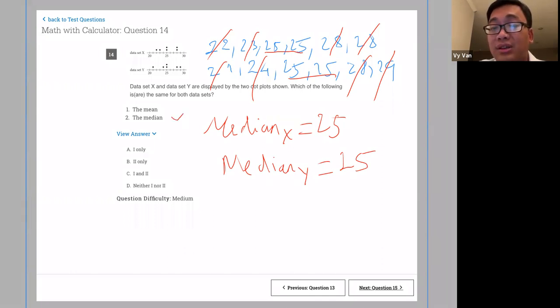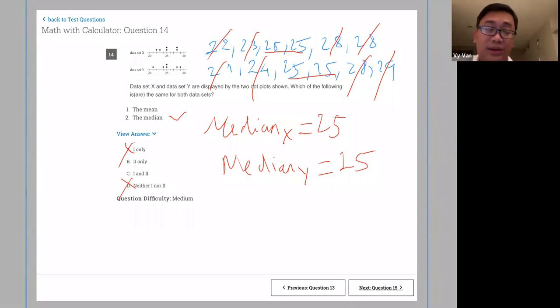So this one is good. Well, we know it's not this, we know it's not this. We have to check the mean as well. So let's figure out the mean. Let's use a calculator. You can use common sense. 22 plus 23 is the same as 21 plus 24, and 25 plus 25. These are the same.